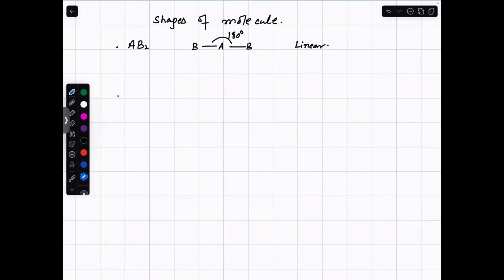If it is AB3, and the other case is AB2E. In AB3, the central atom has 3 bond pairs, no lone pairs. In AB2E, the central atom has 2 bond pairs and 1 lone pair.